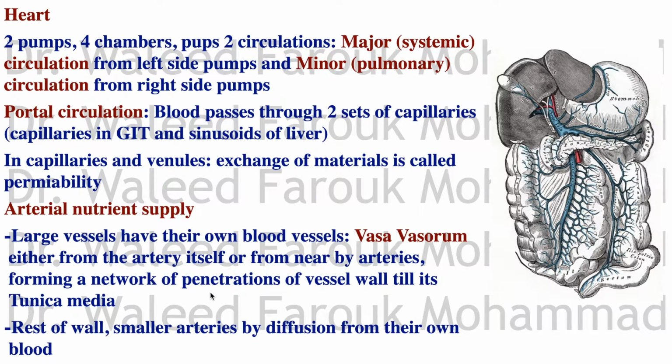The rest of the wall of the artery and the smaller arteries get their oxygen by diffusion from the blood they carry. So the bigger arteries have their own blood vessels supplying them, coming from the big vessel itself or from nearby vessels, called the vasa vasorum, and the smaller vessels obtain their needs of oxygen and nutrients from the blood they carry.